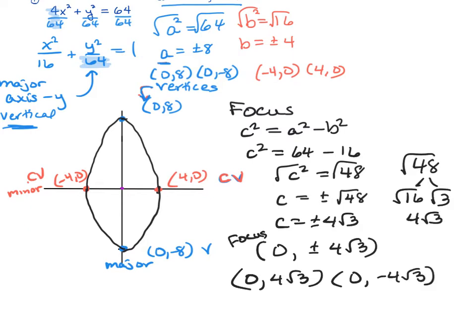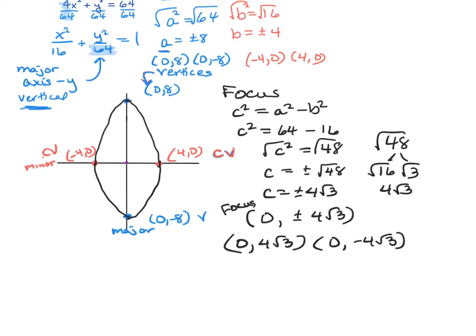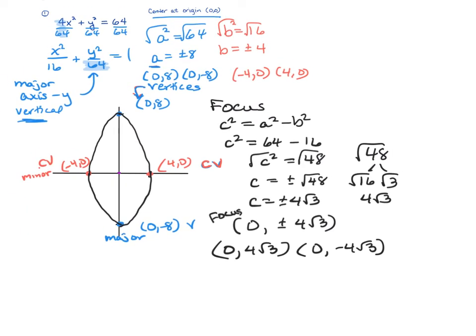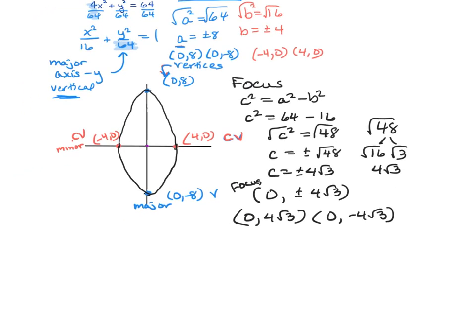Now, what I'm going to do here is I'm going to approximate this. Now, I know you guys are going to have your calculator, so you could get a better idea. You could use the square root of 3 times 4. But if we were doing this in the classroom, we wouldn't be using our calculator. We would approximate the square root of 3. It's in between these two perfect squares. So I'm going to say that the square root of 3 is probably about 1.7.